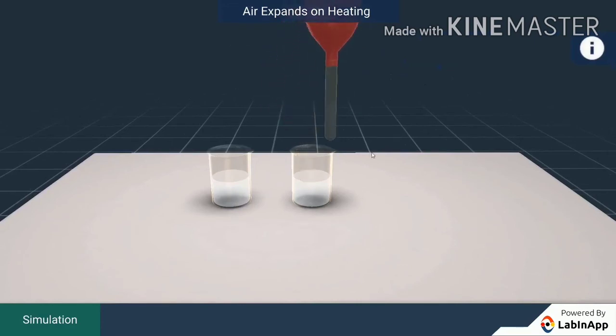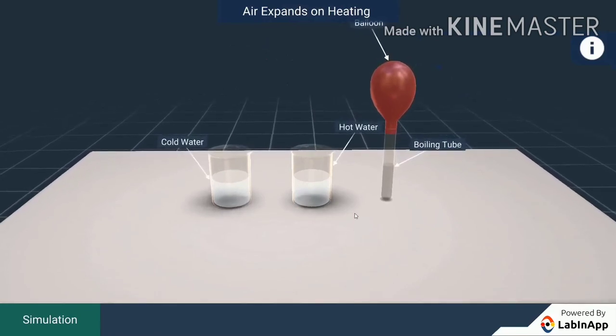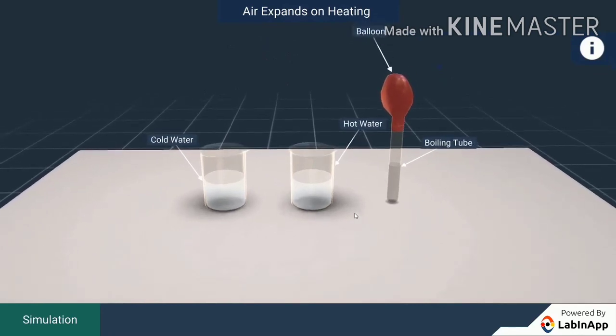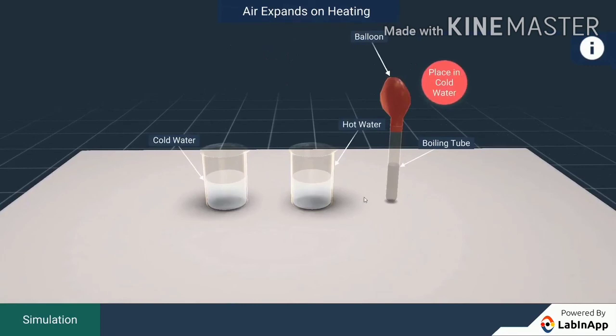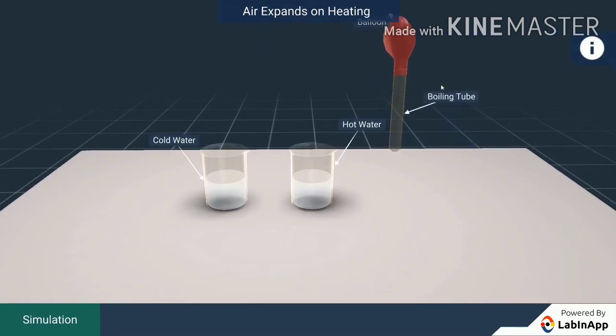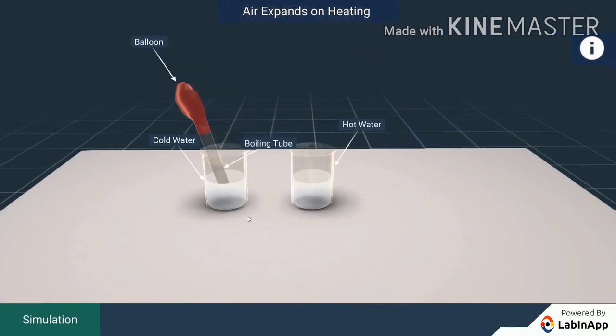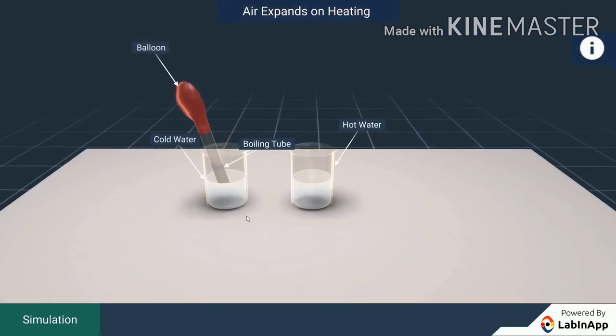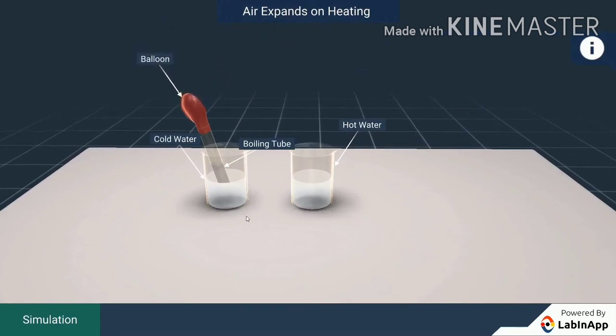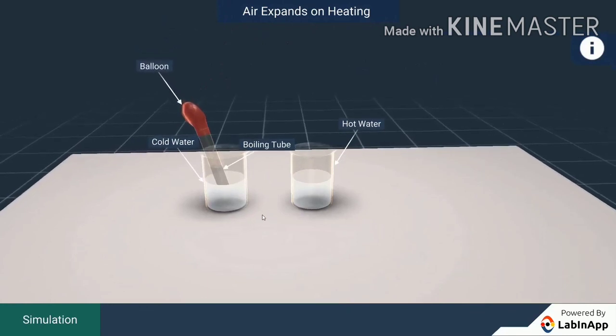Now, take out the balloon and wait for some time. Place the boiling tube with the balloon in the cold water and observe. We can see that the balloon deflates. From these observations, we can infer that air expands on heating and shrinks on cooling.